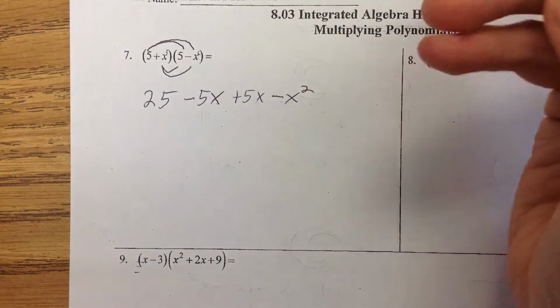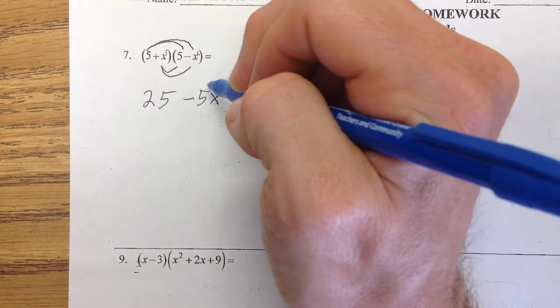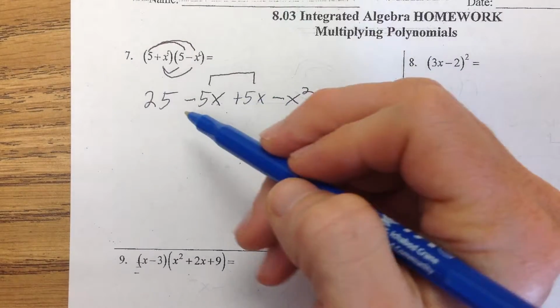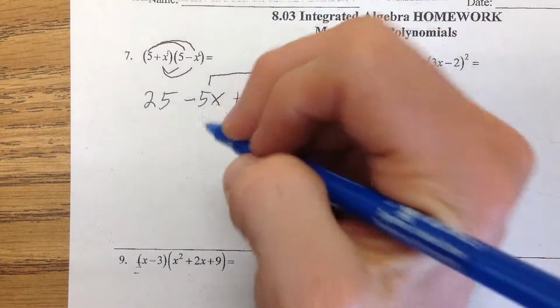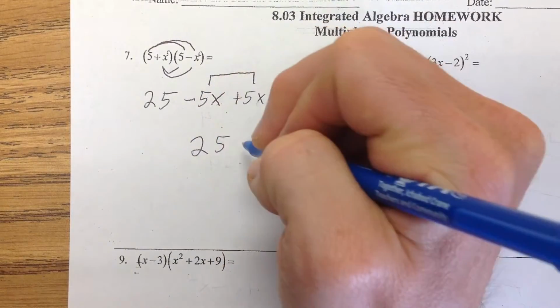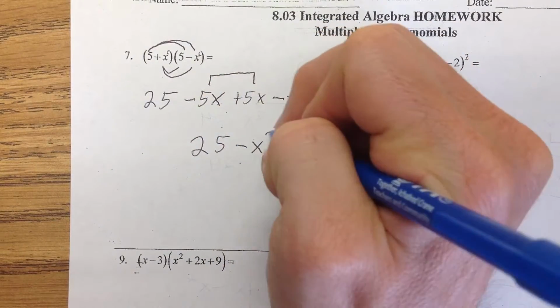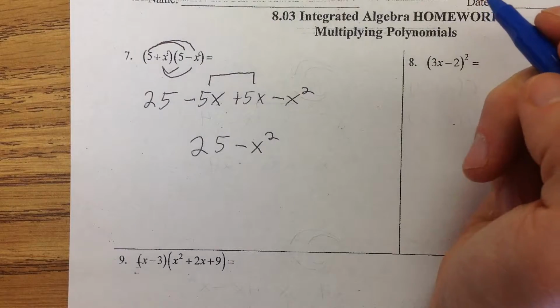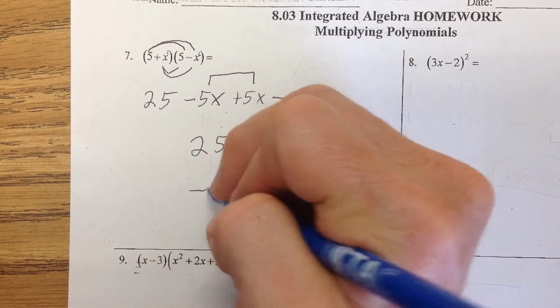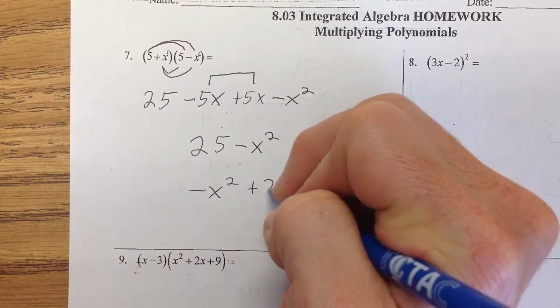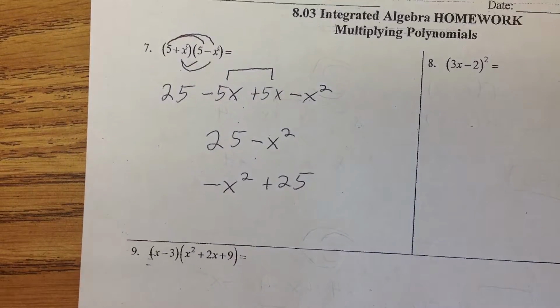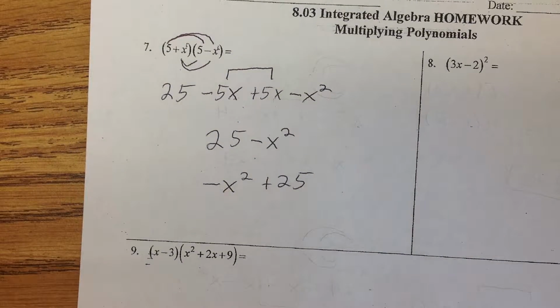Now what makes this one a little unusual is that these middle two terms are actually going to cancel each other out. Negative 5 plus 5 is 0, so we're left with 25 minus x squared. And again, if you wanted to rewrite that, you could write it as negative x squared plus 25. Either of those would be totally fine.